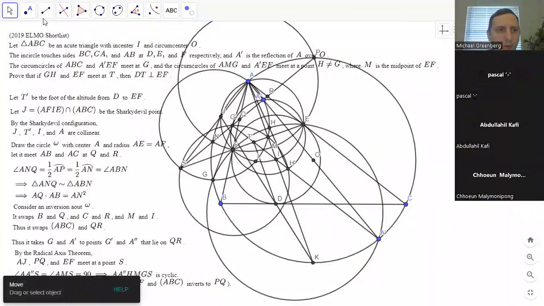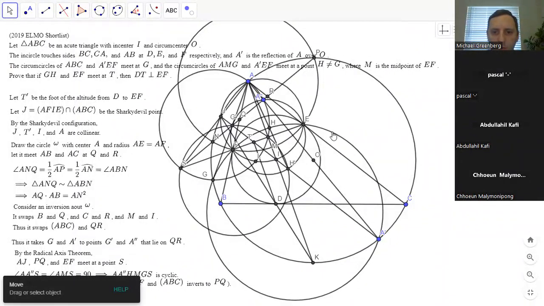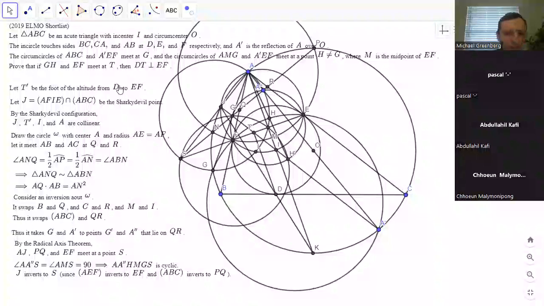I am just so confused because, wait. Because H lies on this circle, which inverts to this circle. So A prime, okay, so I thought I had it, but now I lost it.